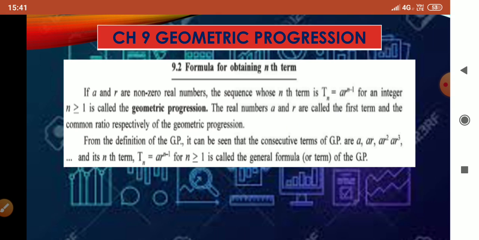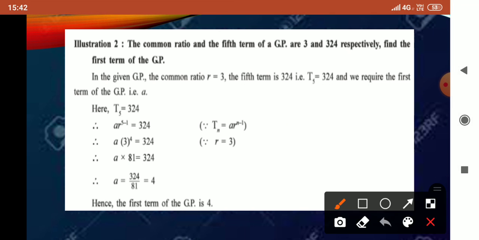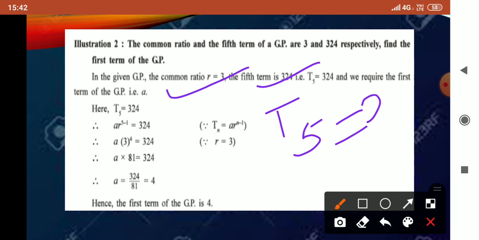Now we will see the sums based on this formula. Here the common ratio and the fifth term are given. You have to find the first term. Okay, here you have been given r as well as t5. Fifth term, t5, you have been given 324.